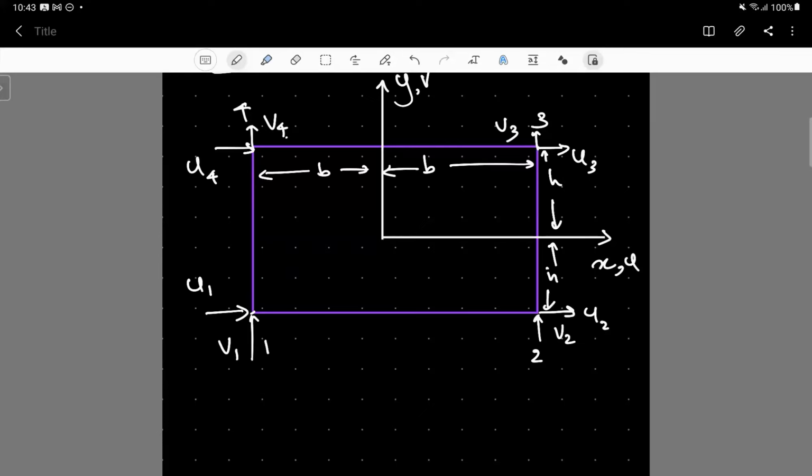We have considered all interior angles to be 90 degrees. Of course, this is not a skewed plane stress element. For simplicity, we have used all interior angles as 90 degrees, and the base and the height dimensions are 2b and 2h, and at the very center we have placed the origin for the coordinate system.